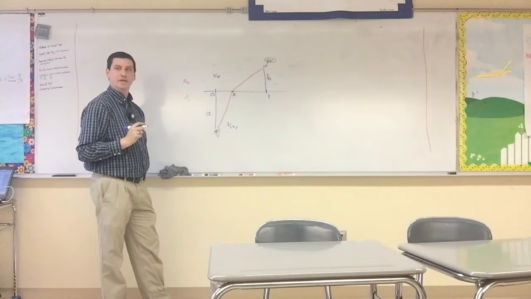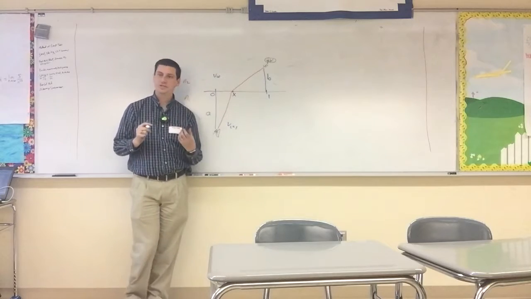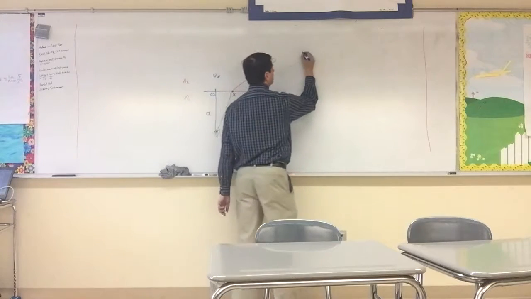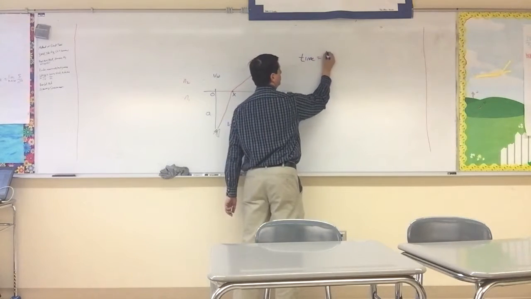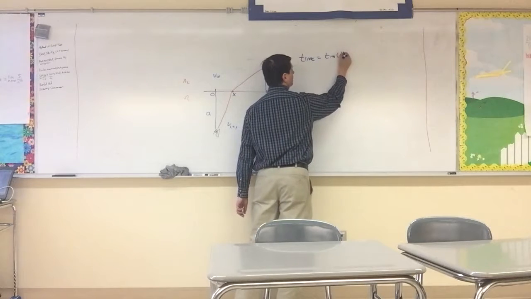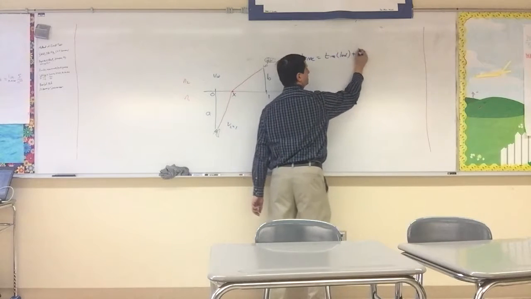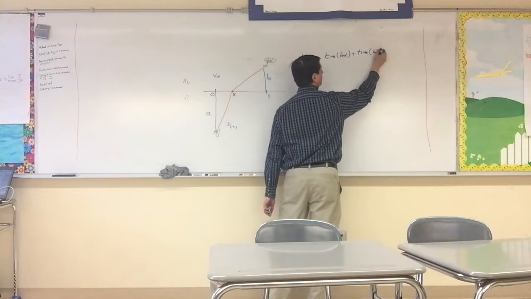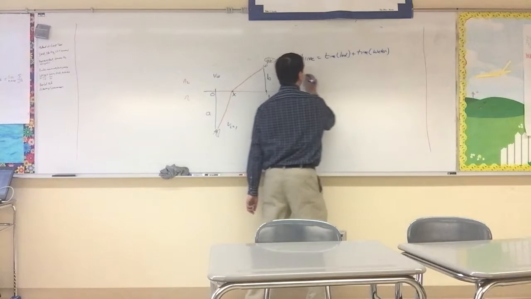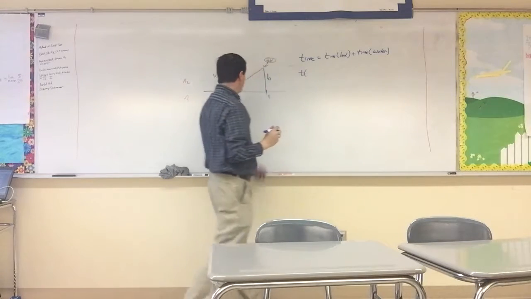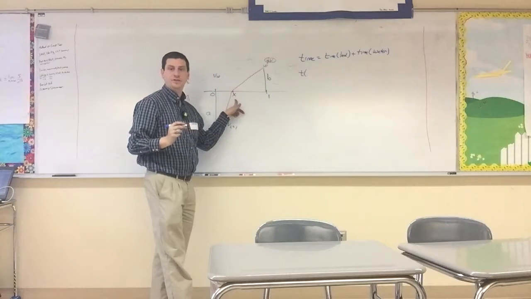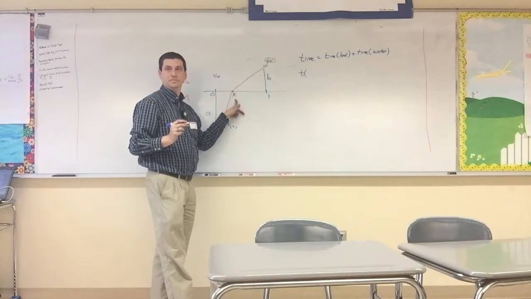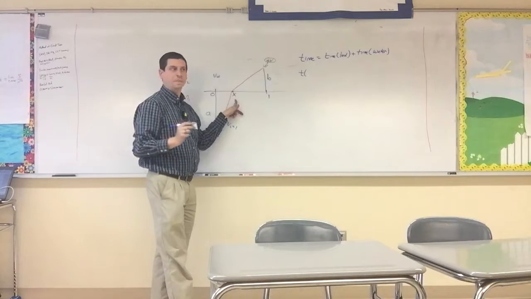We want to calculate the time, and the time is going to be distance divided by speed. So time will equal time on land plus time in water. So the time is actually going to just be a function of x.